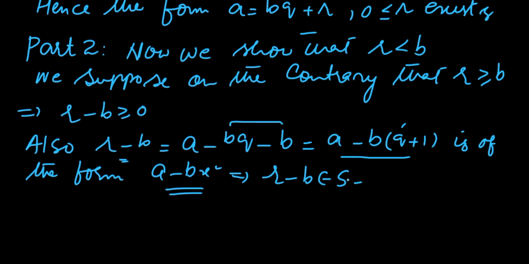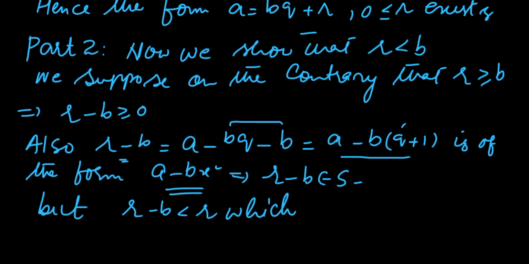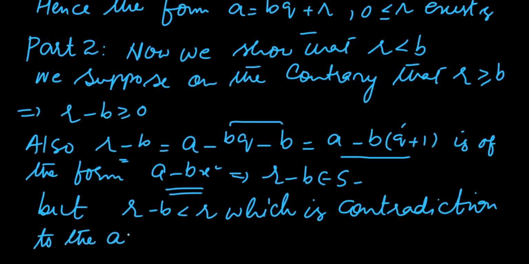This shows R minus B belongs to set S. But R minus B is clearly less than R. This shows a contradiction to the assumption that R is the least element.